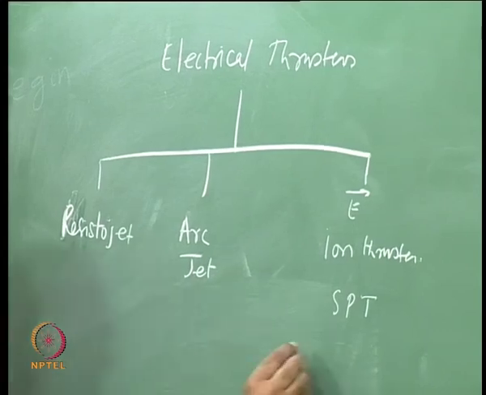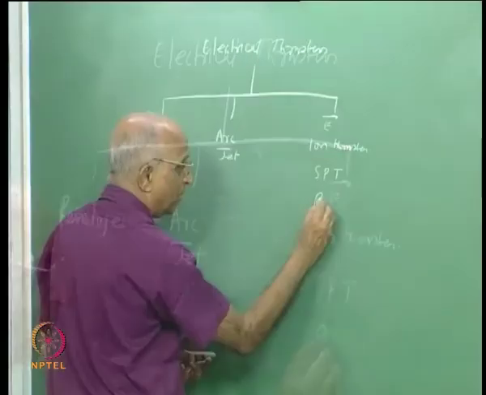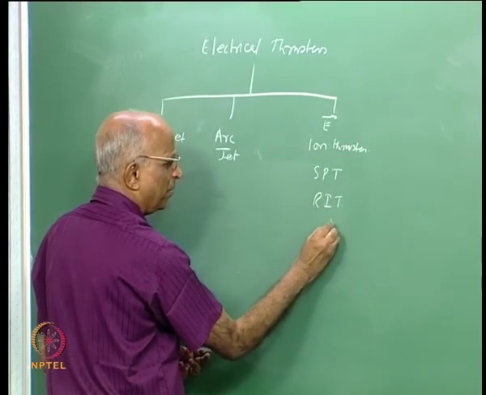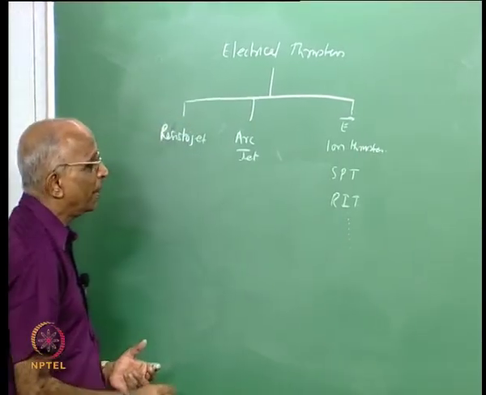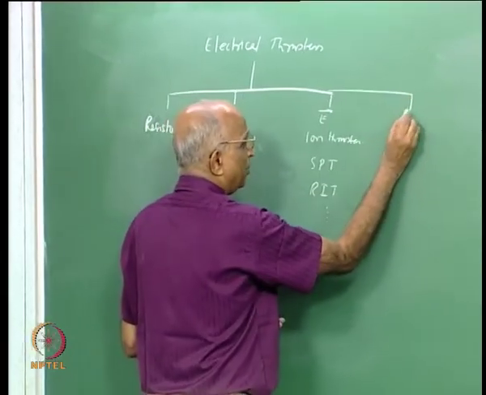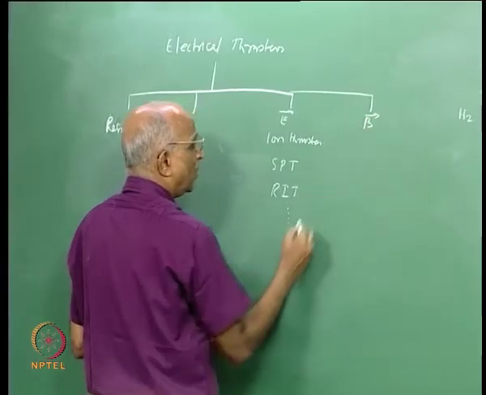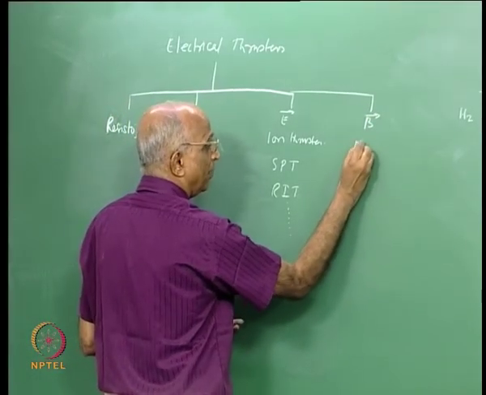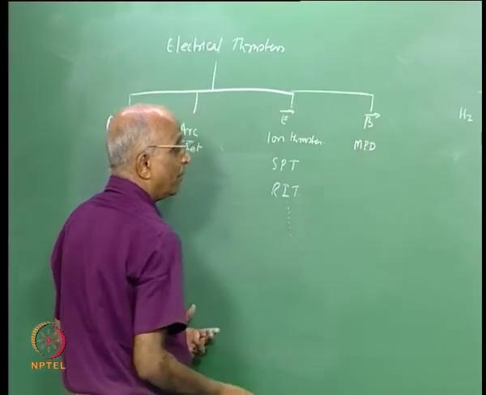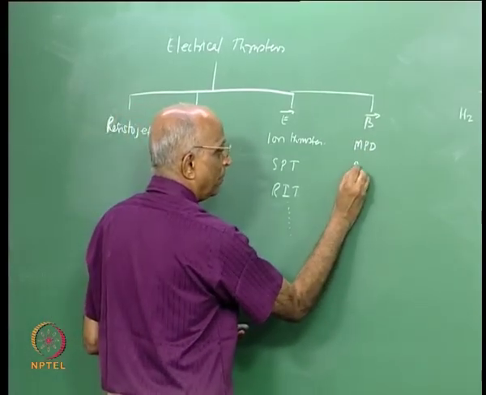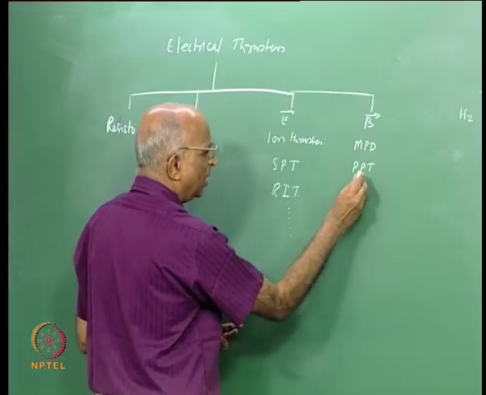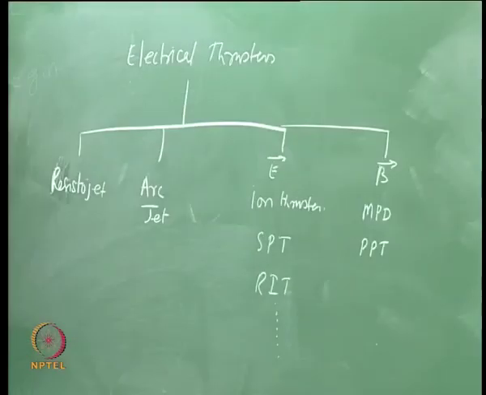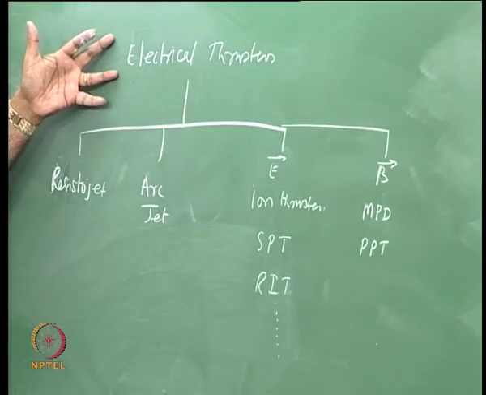I could have a radio frequency ion thruster and maybe a colloidal thruster and so on. I could also use the magnetic principle, namely the Tesla, where I have a magnetic field, to create maybe the MPD, magnetoplasma dynamic thruster, or I could also have a pulsed plasma thruster, and you could keep on deriving in this. Well, this is all about the electrical thruster.